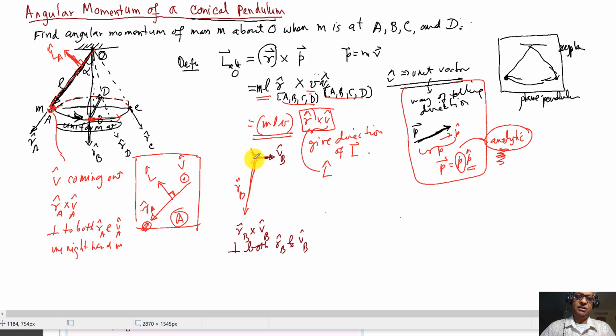It has to be 90 degrees to that and 90 degrees to that. So this is the L hat at B.